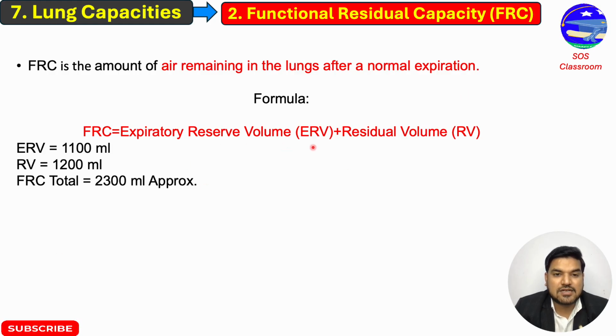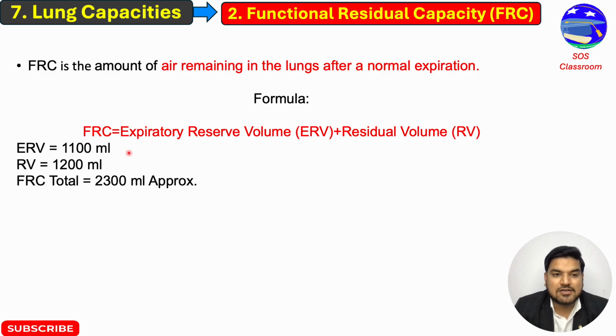Expiratory reserve volume, that is ERV, plus residual volume. Because expiratory reserve volume is the maximum air you can expel after the tidal volume, plus the residual volume that always remains in the lungs. Both together are called the functional residual capacity.